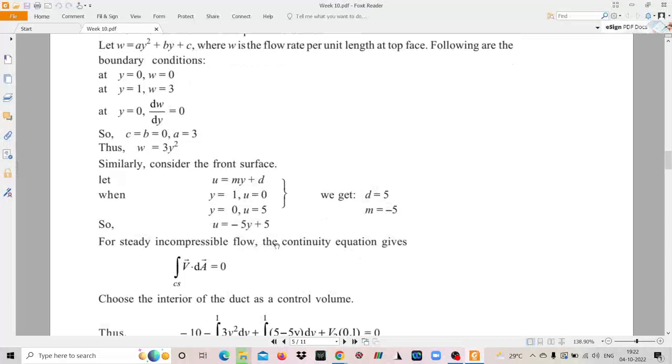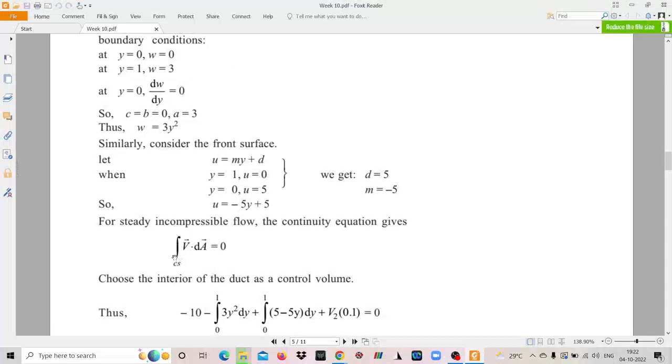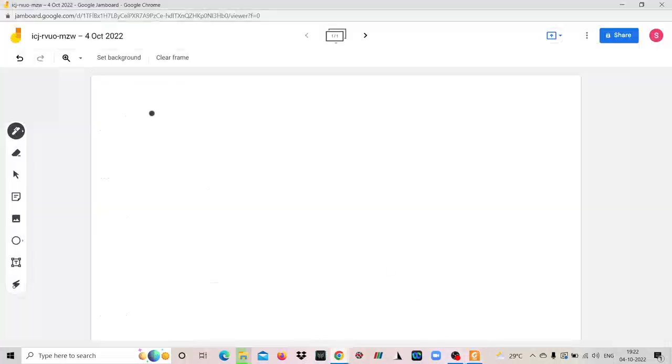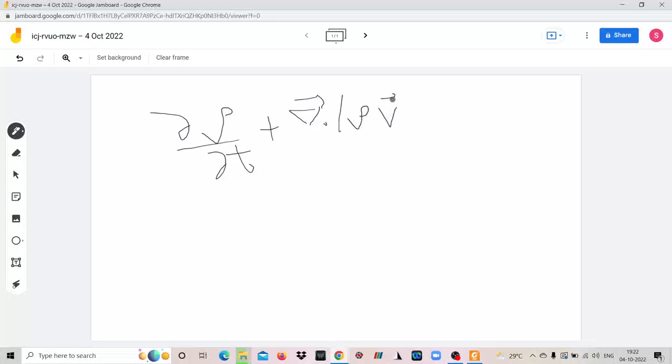Now for steady incompressible flow, the continuity equation is the area integral over the control surface of v dot dA equal to 0. How is this the continuity equation? The continuity equation is del rho by del t plus del dot rho v equal to 0.